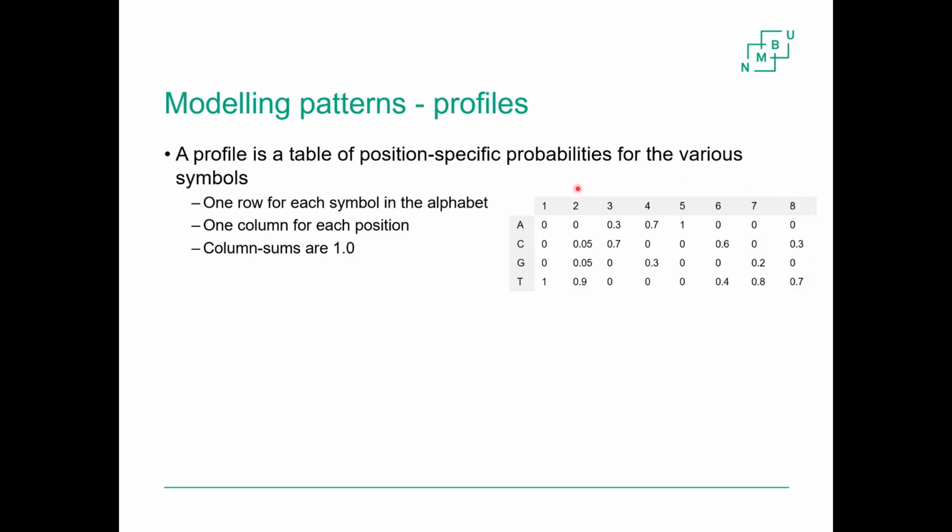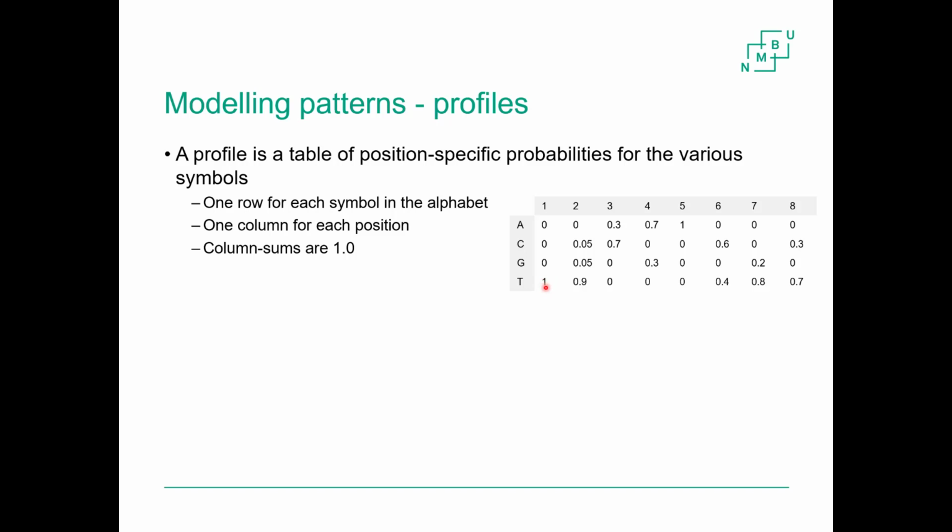It should be noted right away that we typically don't like zeros in such tables. We don't like zeros because a probability of 0 is too drastic a statement. What we implicitly say here in the first column is that there can never be any sequence matching this pattern that has anything else but a T in the first position.